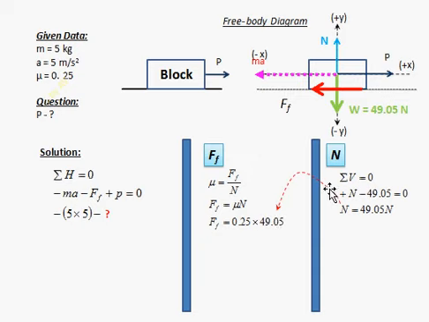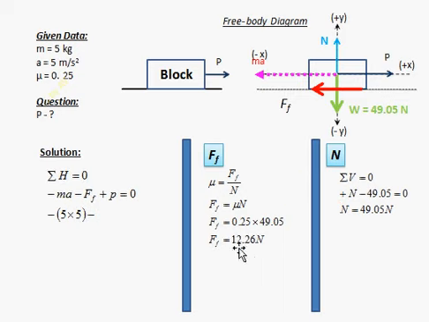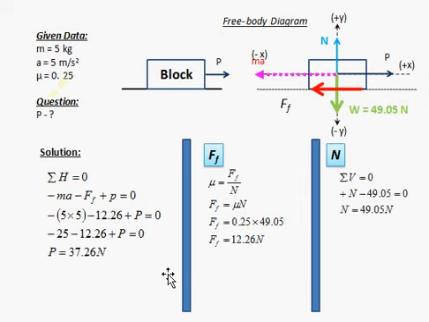So taking that N here, we calculate the frictional force as 12.26. Which is what we need to substitute here. So taking that frictional force here and rearranging the terms, we get the force required to pull this block, which is 37.26 Newton.